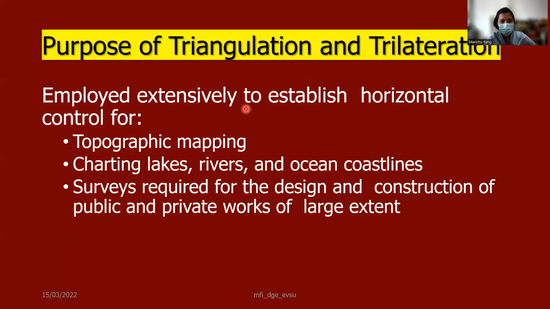Let's start with the purpose of the triangulation and the trilateration. This is employed extensively if we are going to establish horizontal control. This is the main use of triangulation, where angles are measured more than distances, and trilateration is where we measure distances more than angles.